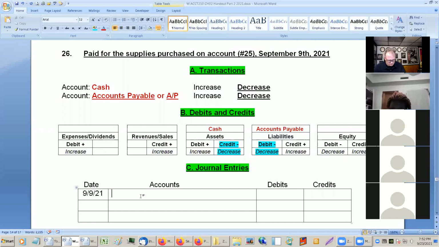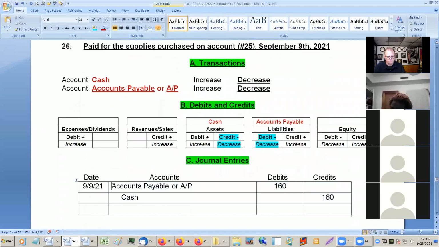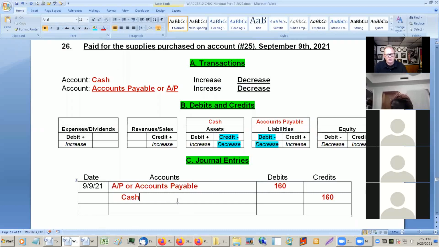Okay, so accounts payable, is it 160? Yeah.